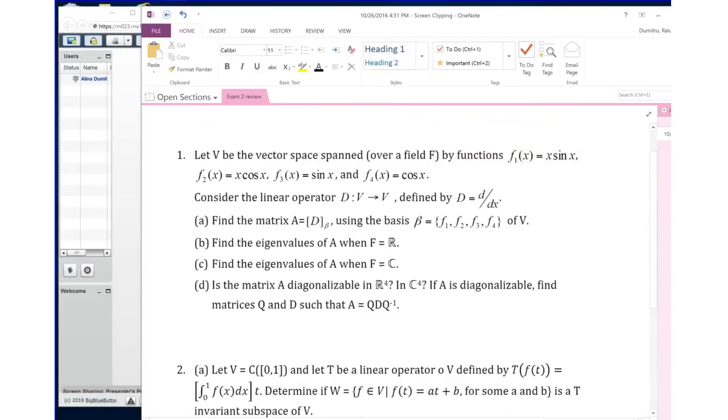Part A. You have a vector space spanned by 4 vectors, which are functions. It is a space of functions, f1 through f4, given here: x sine x, x cosine x, sine x, and cosine x. Maybe I should write them down instead of going back and forth.